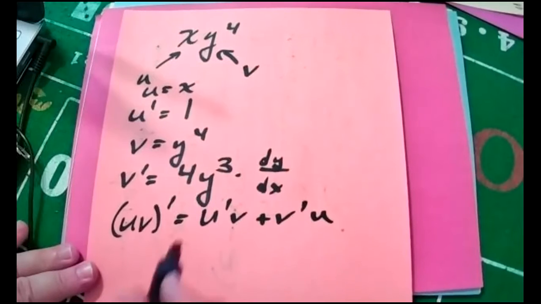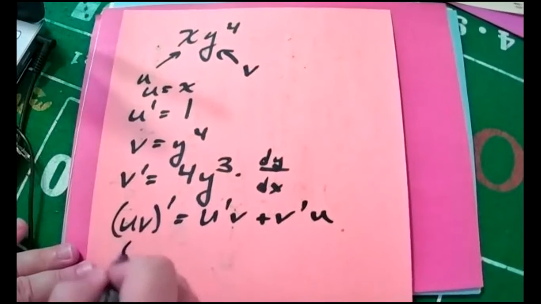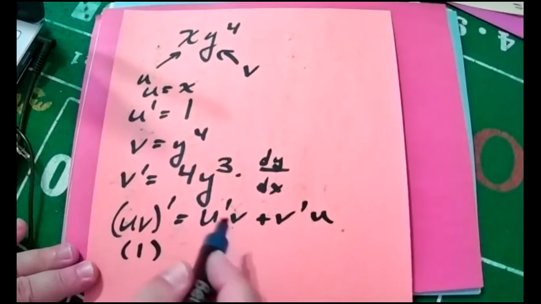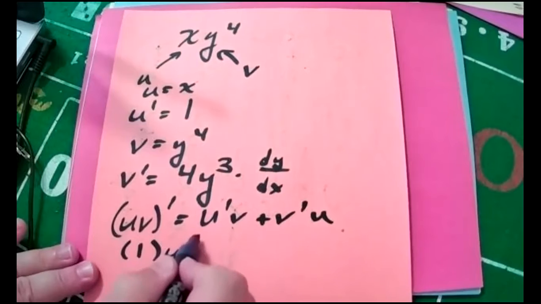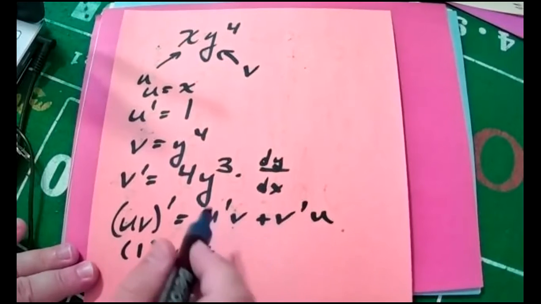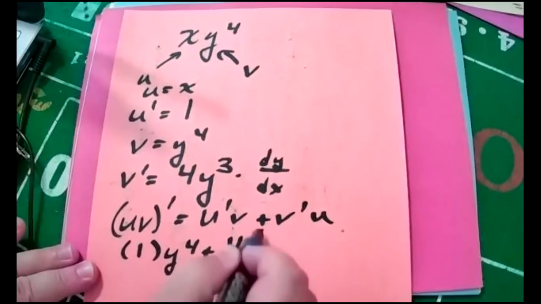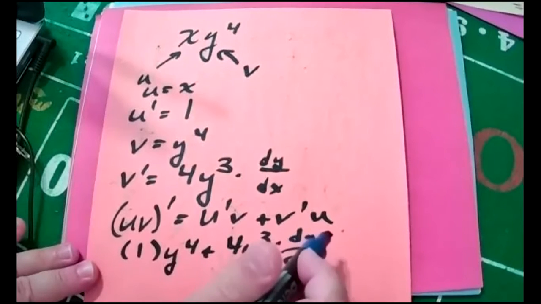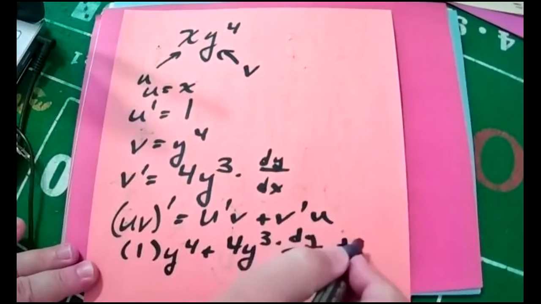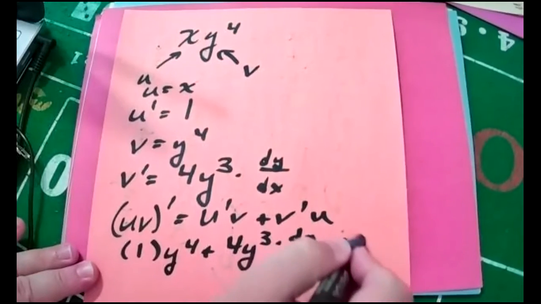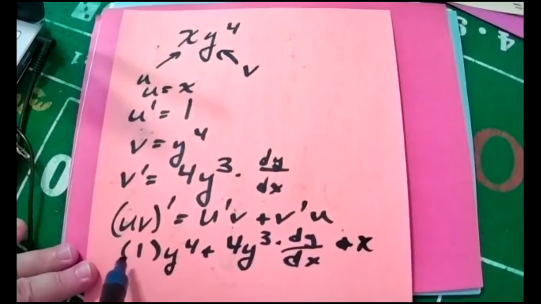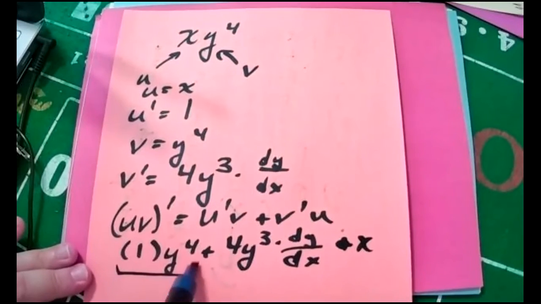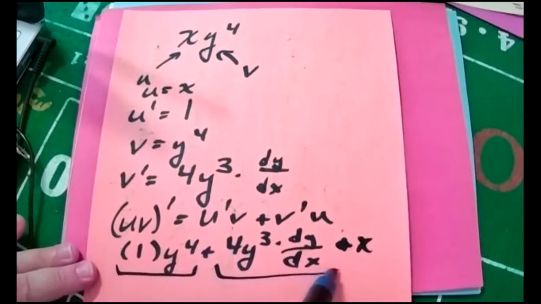And we're going to put these together now. u prime is 1. v is y to the fourth. v prime is 4y cubed times dy/dx. And u is x, and that's times x there, right? So this is u prime v right here, and this is v prime u.